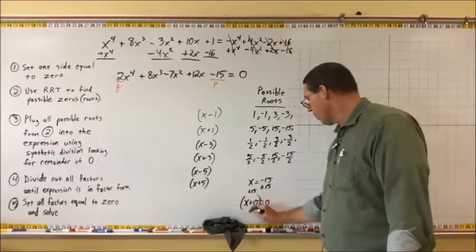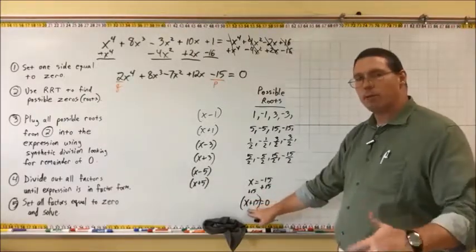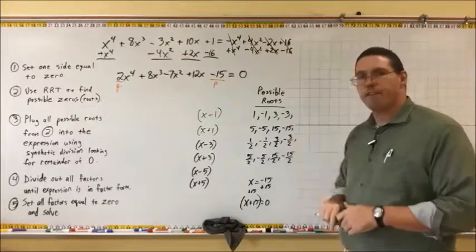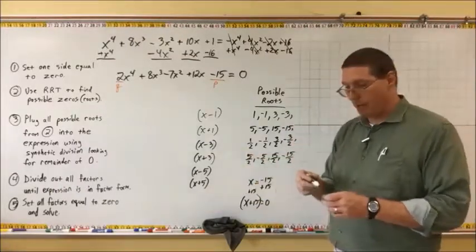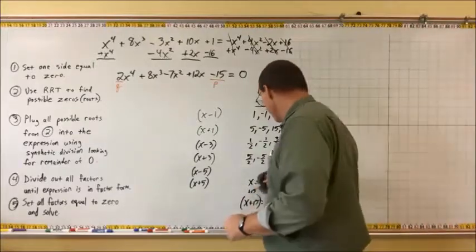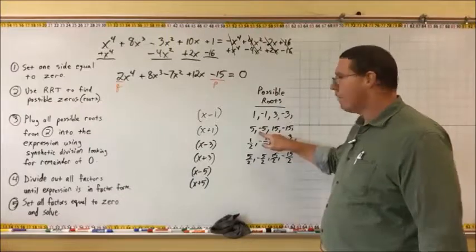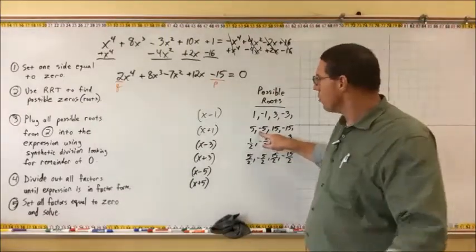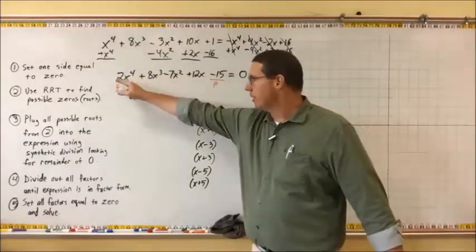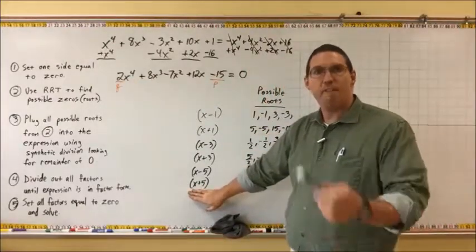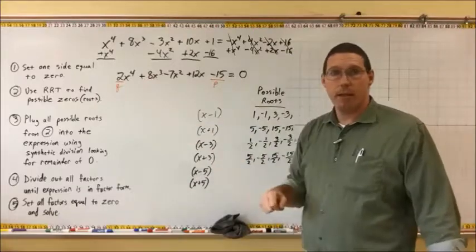That means x plus 15 is the binomial factor that goes along with negative 15. That's how I'm coming up with these. Okay? So, here's what I'm saying: if we find that negative 5 is one of the roots of this polynomial, then we know that x plus 5 is a factor of this polynomial.